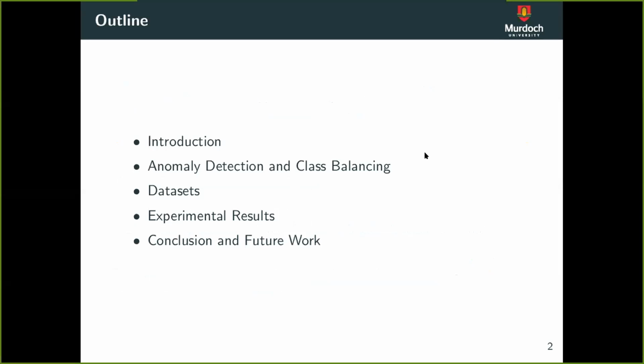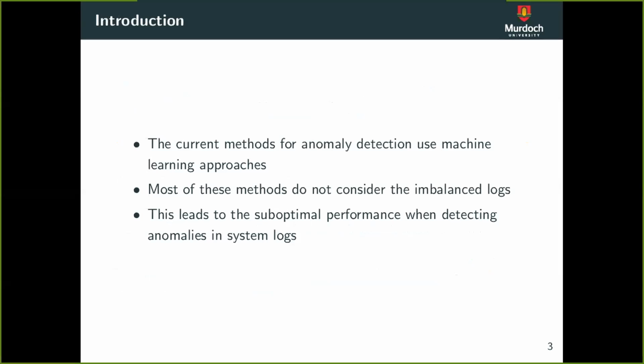I would like to discuss the problem about anomaly detection, then anomaly detection and class balancing that I discussed in this paper, then the data set used in this research, and then experimental results, and finally conclusion and future work.